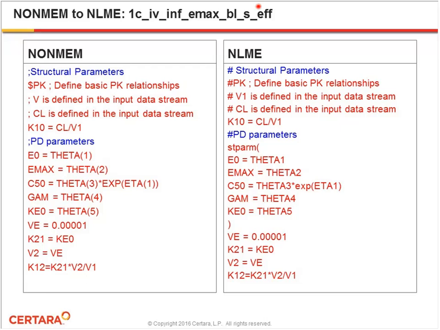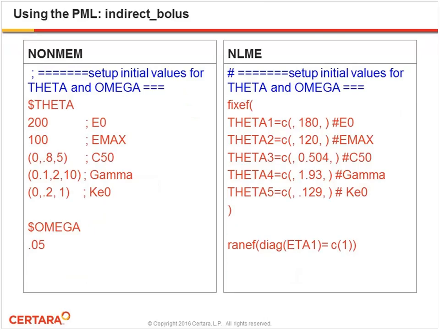Okay, then the next one is theta and omega, the fixed and random effects. This is the matrix here for theta, just theta 1, 2, 3, 4, 5, and the initial estimates are set for E0 and Emax. For C50, we are applying some boundaries.